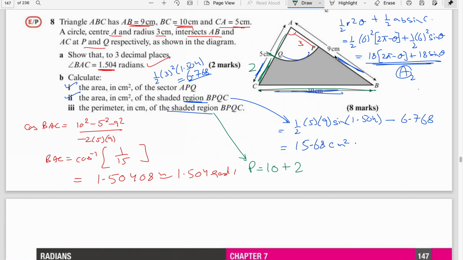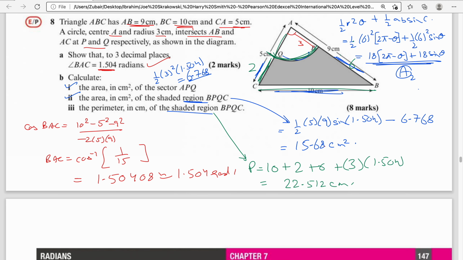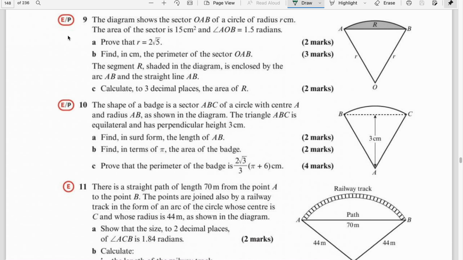On this side, 9 minus 3, this is 6. And this is s equals r theta, r theta 1.504. Then using the calculator, 10 plus 2 plus 6 plus 3 into 1.504, and that is 22.512 centimeters. Any confusion?